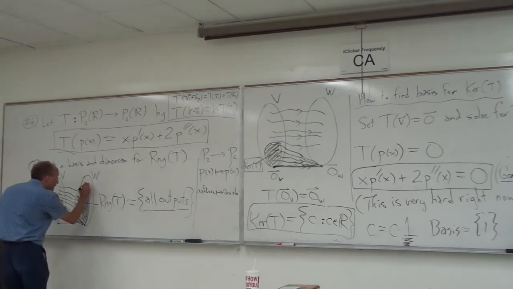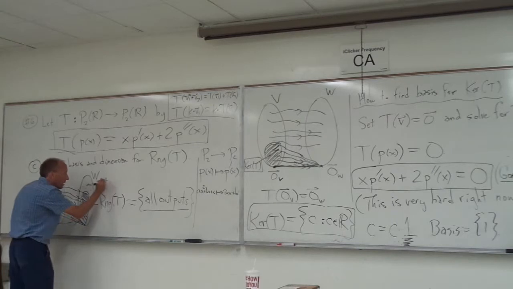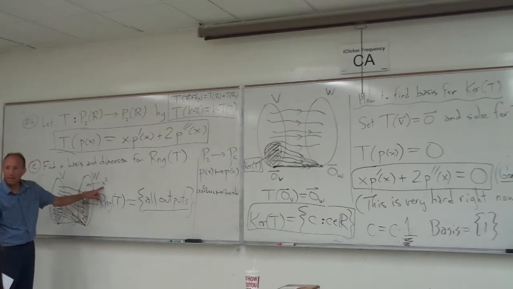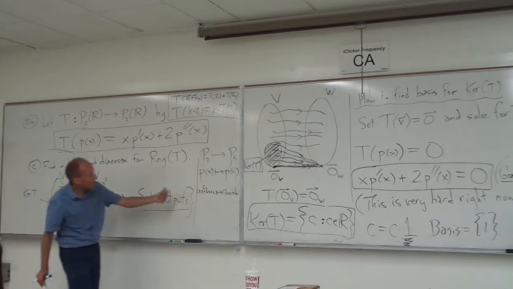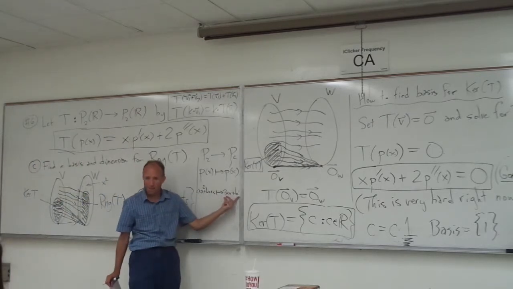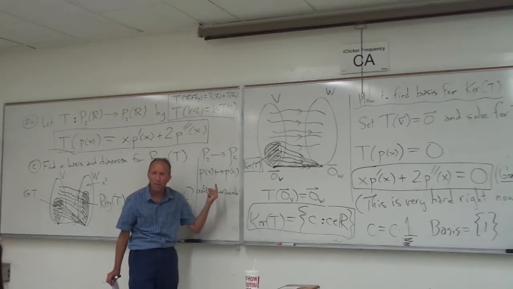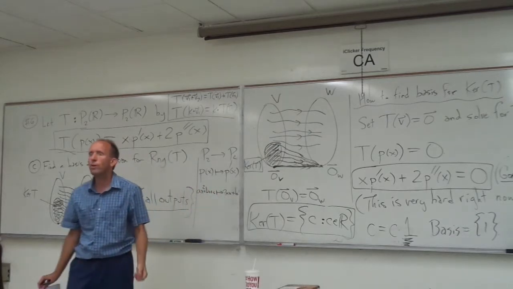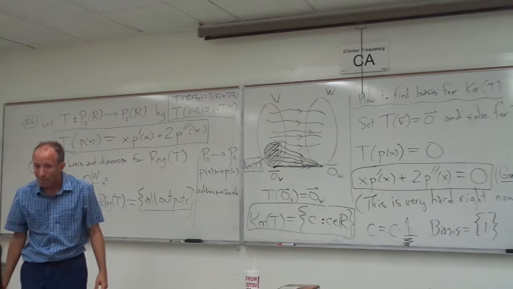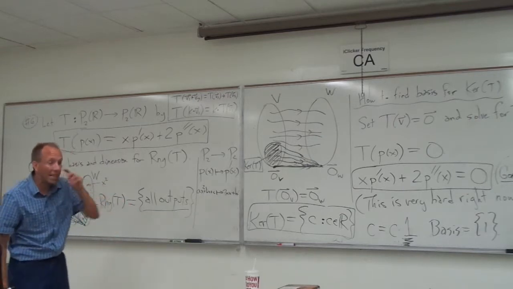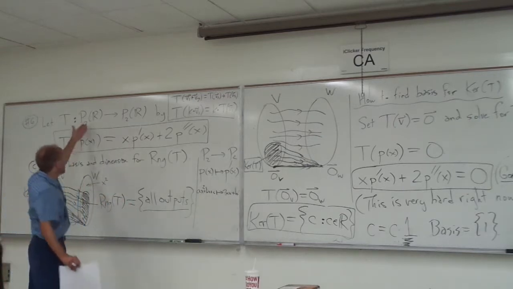So for example, right here, you might have the polynomial x squared. That's not in this shaded part for the range of t, because I can't get x squared out of this. What would it take? What would I have to differentiate in order to get x squared? Well, I'd have to differentiate 1/3 of x cubed. Right, you kind of go backwards. Well, 1/3 x cubed is not one of my inputs.